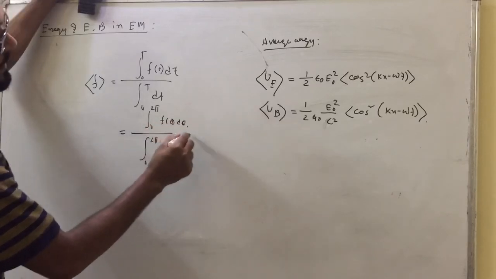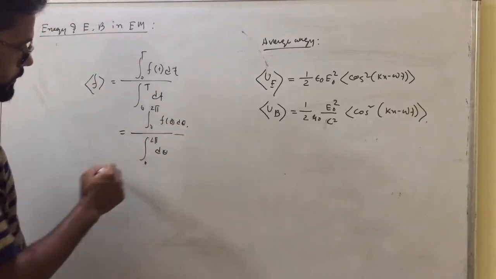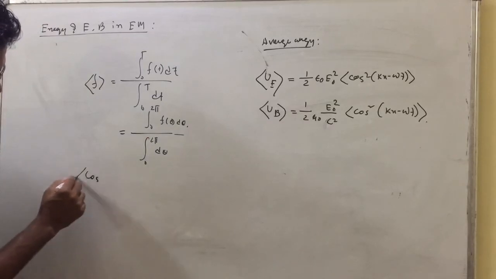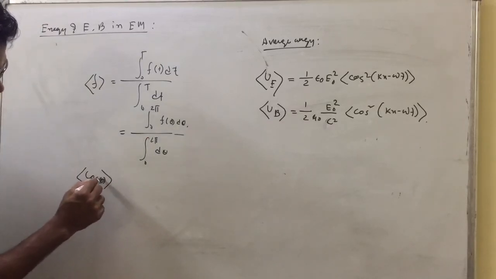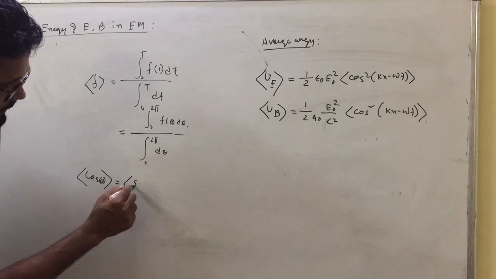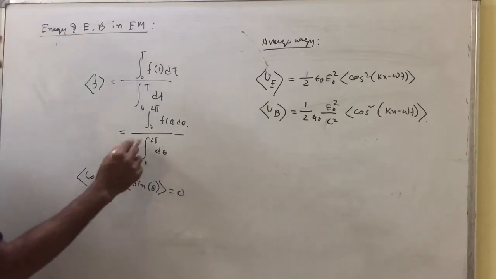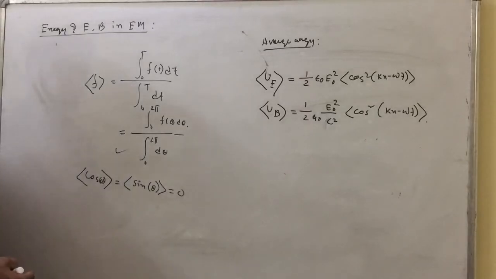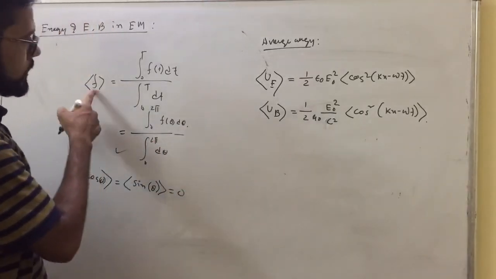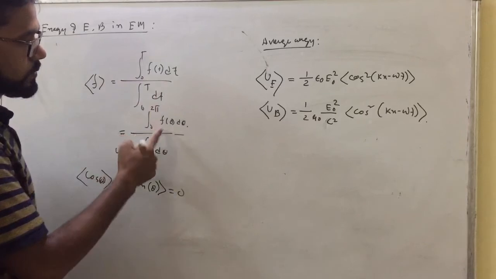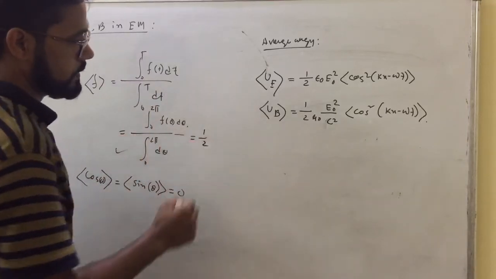This is the formula. If we take the average of a cos function, or sine theta, the value is equal to 0. And if it is cos square, the average value is half.